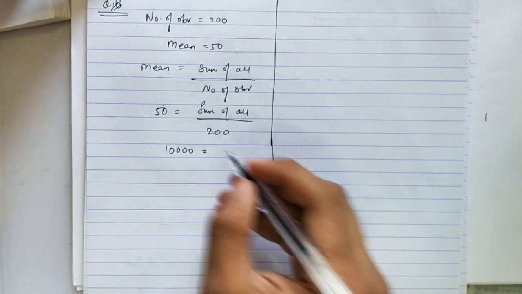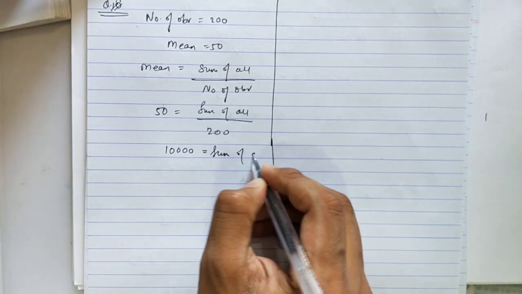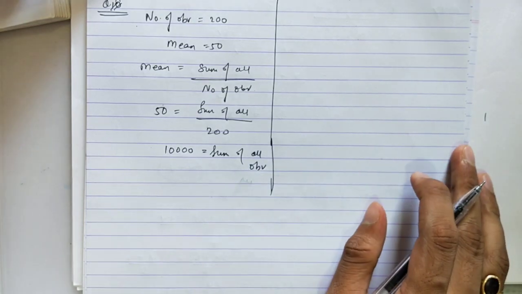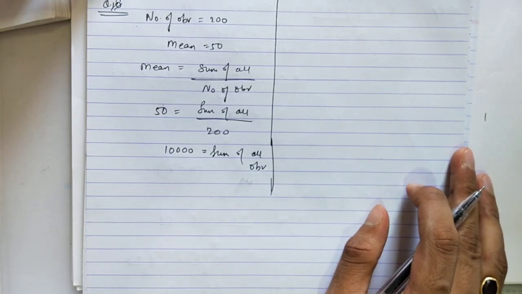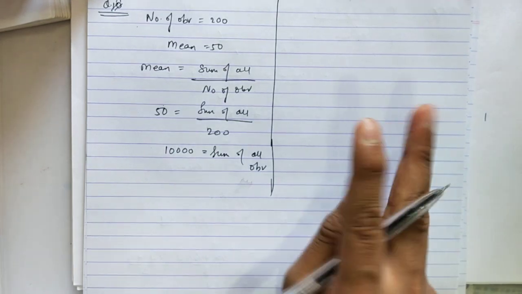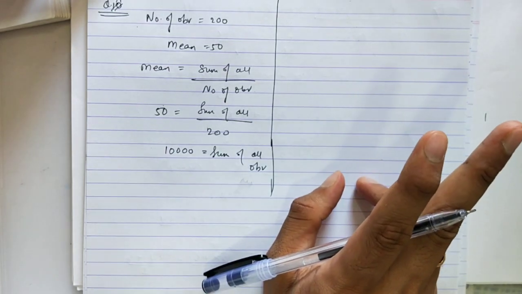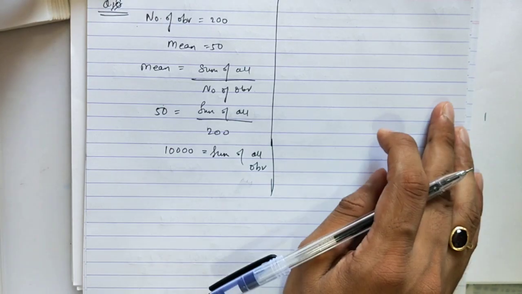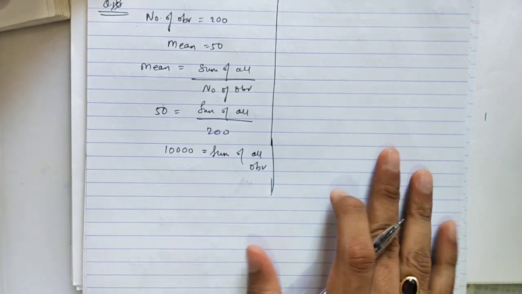10,000, the sum of all observations. Now they have said that later on it was discovered that two items were misread as 92 and 8 instead of 192 and 88.